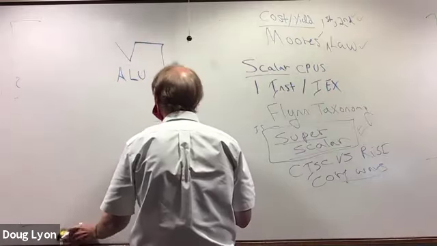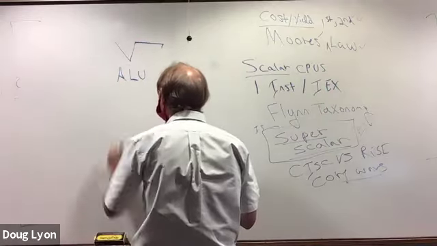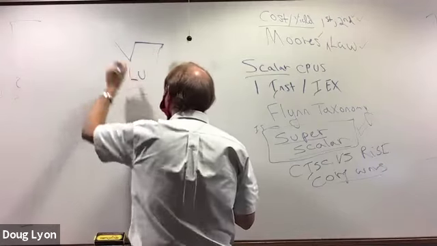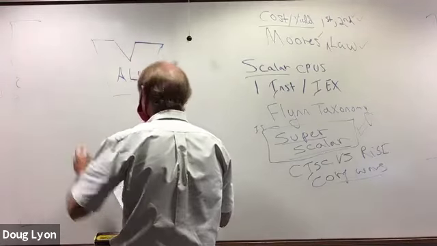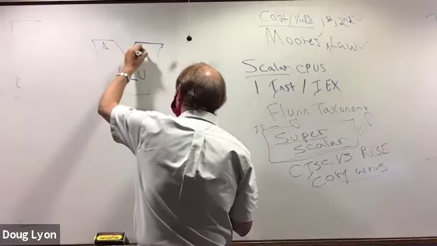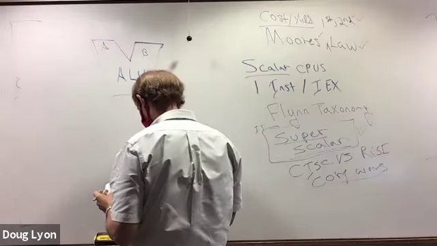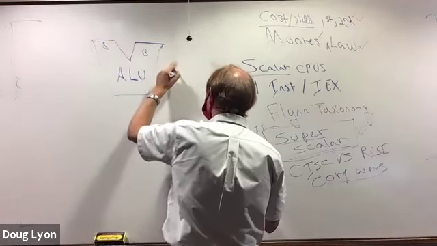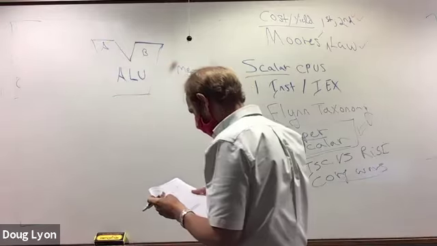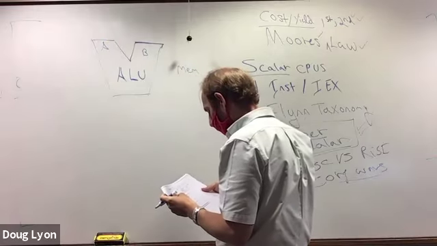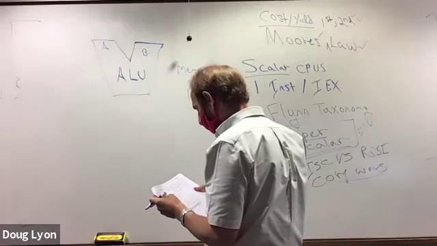Well, now let's see. So there's the ALU. It'll have an A input and a B input. And what we'll do is we'll have some sort of memory. And the memory, well, let's not get too fine-grained with this.